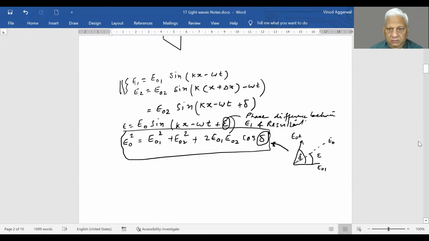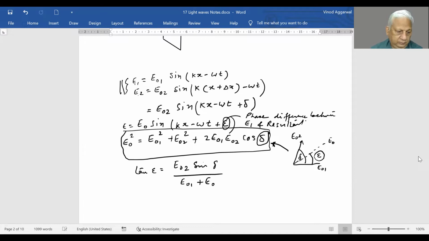And we can also evaluate this angle, which is given as tan eta equals this.